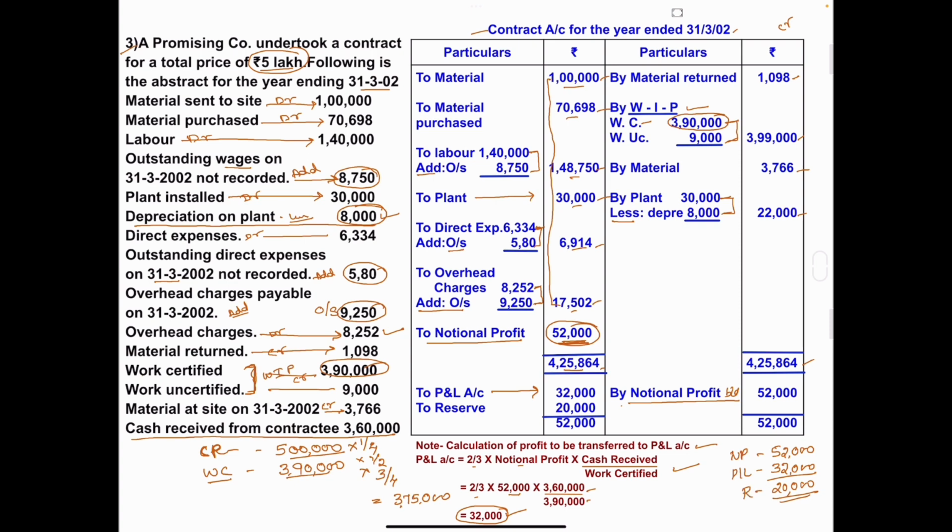This amount is transferred to reserve. To reserve 20,000. And the total of these two, 52,000, and the same amount we'll write on the credit side, 52,000. Clear? A simple problem on contract costing.